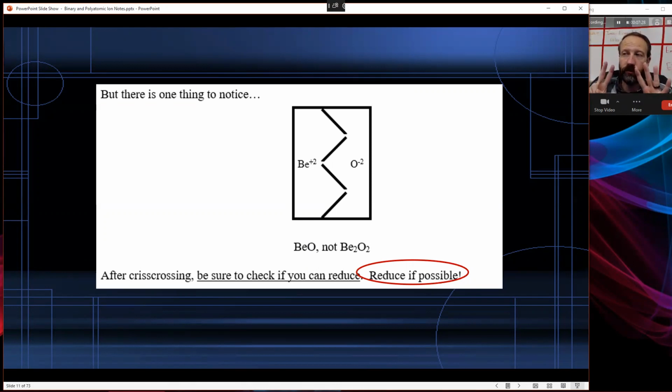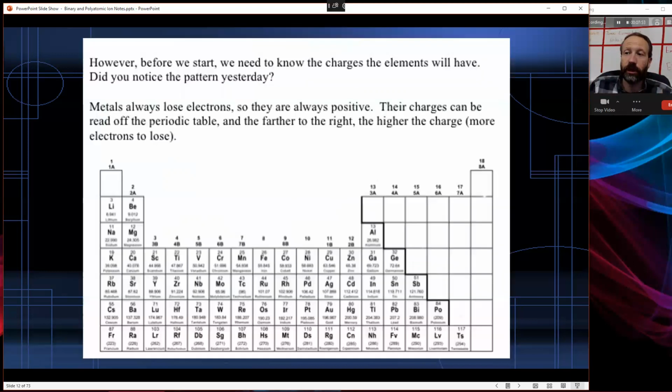Now, 2 and 4, what would that reduce to? Well, 2 reduces to 1 and 4 reduces to 2. See what I'm saying? Okay. 3 and 6. The 3 becomes 1 and the 6 becomes 3. And there we go, reduce, okay?